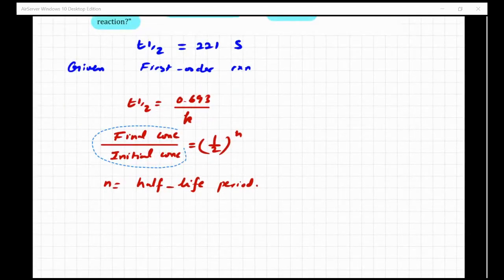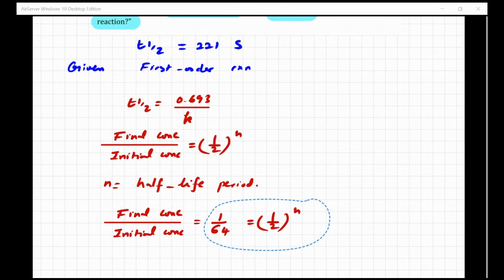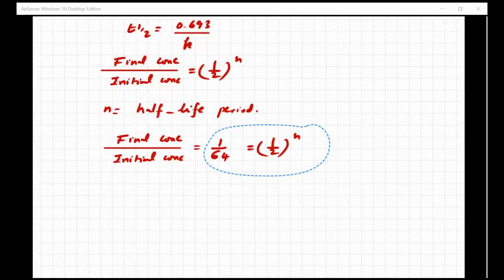Actually, it is this value: final concentration over initial concentration is equal to 1 over 64. Since it is given, I can use it to find n.